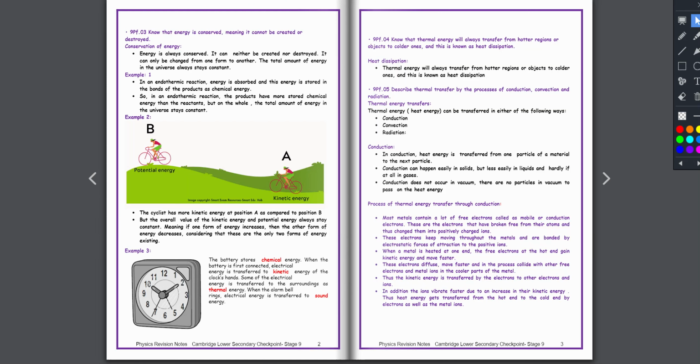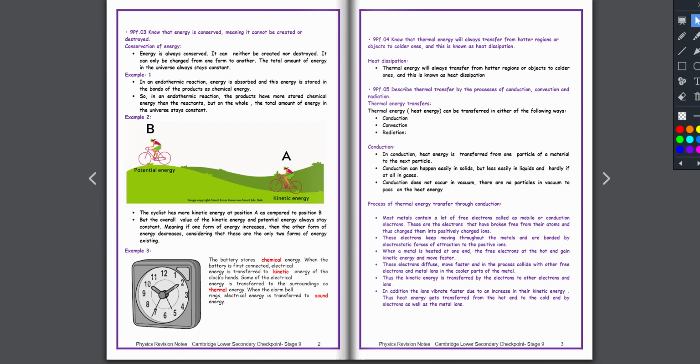The energy that is due to motion is called kinetic energy. So, you have changed the form of energy from electrical energy to kinetic energy. But on the whole, only the form of energy is changed. You are not creating energy, you are not destroying energy. And the total amount of energy will always remain the same.